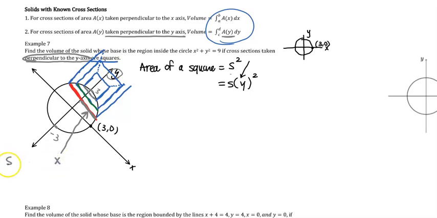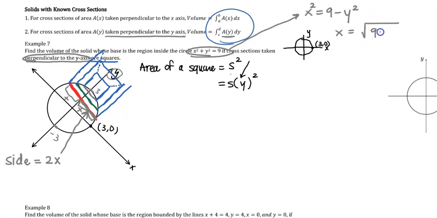And so the length of that red side is simply 2 times x, if this horizontal distance here is x and this one is also x. Now remember, that x lands on the circle, and the equation of the circle is x squared plus y squared is equal to 9. X squared is equal to 9 minus y squared, which tells us that x is equal to the square root of 9 minus y squared, that distance.